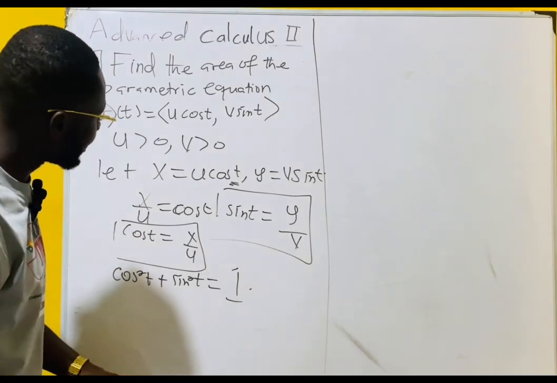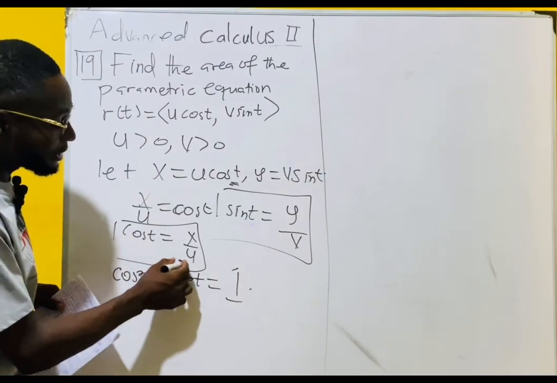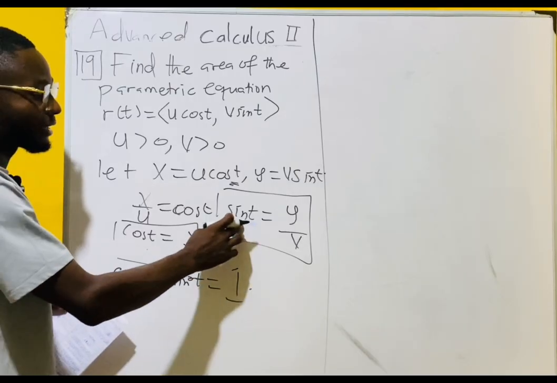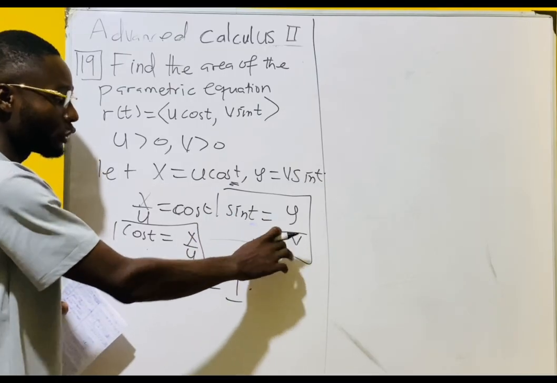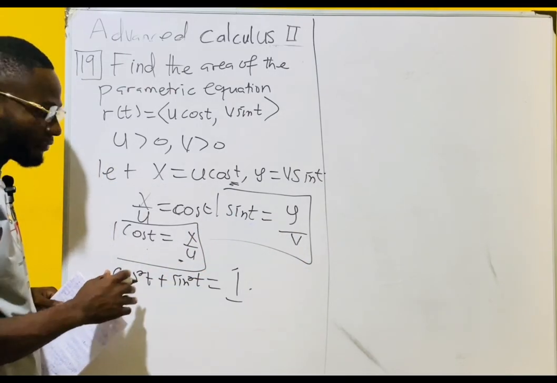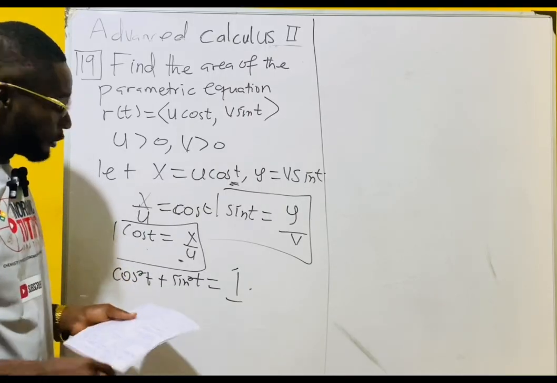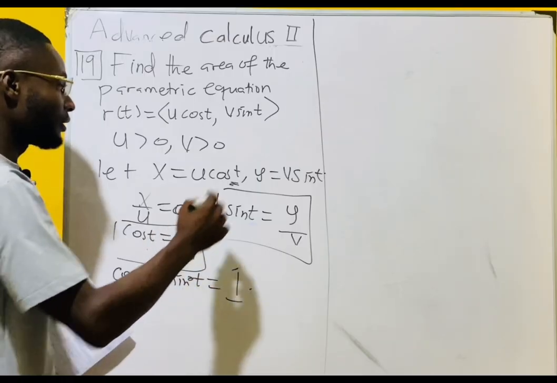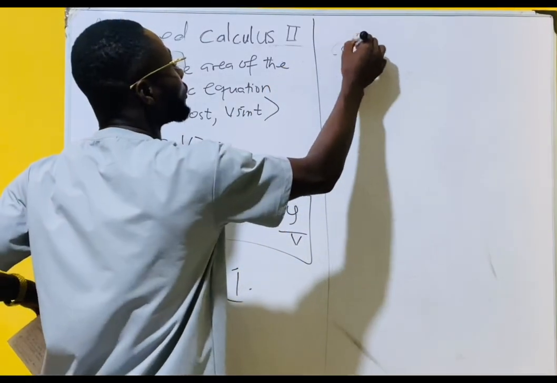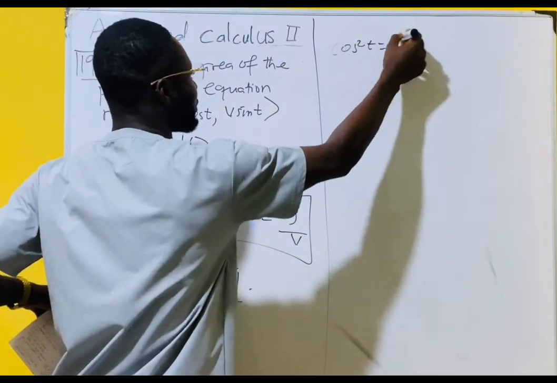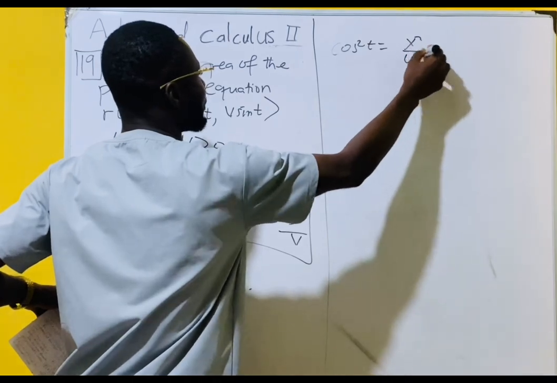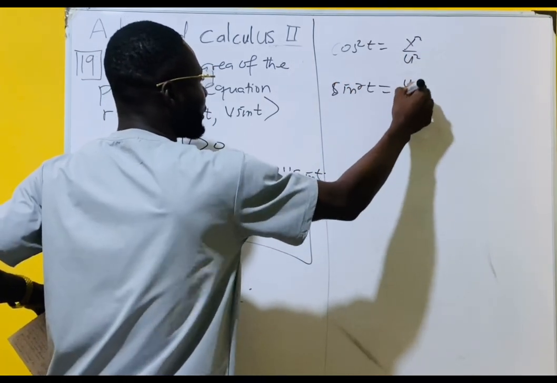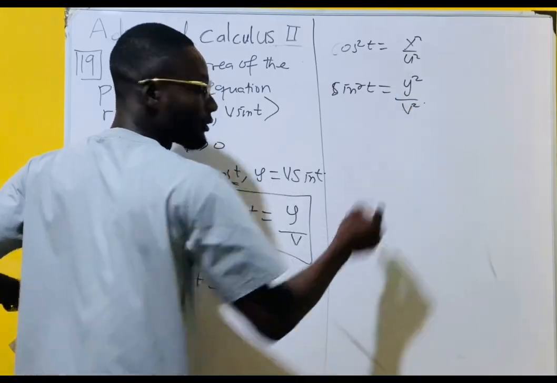So this is basically cos t is equal to x over u, and sin t is equal to y over v. So we can do some algebraic manipulations. When we square both sides, we're going to have cos squared t equals x squared over u squared, and sin squared t is equal to y squared over v squared, right?